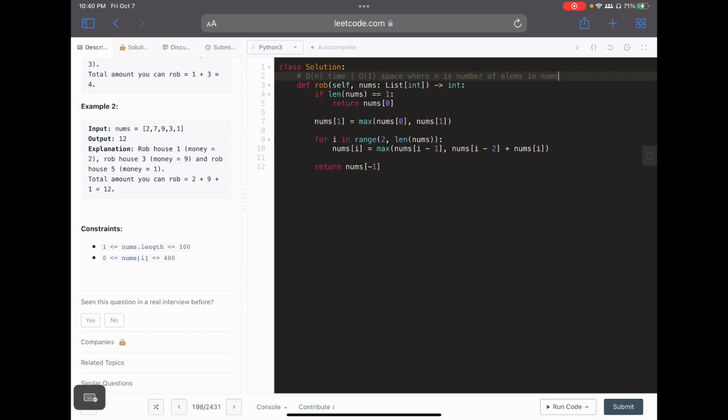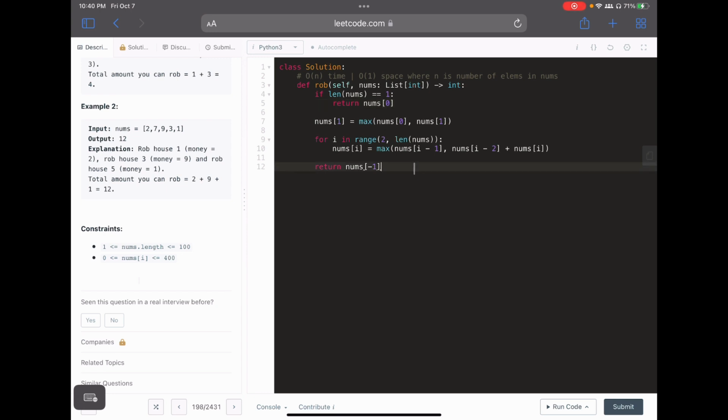Let me explain. Why is it big O of n time and constant space? Because we're only running through nums. Really, we're only looping through it nums minus 2 times, but we drop that non-dominant term, so it's really the length of nums that we iterate. And the reason it's constant space is because we are not creating any auxiliary arrays, and there's no recursion going on here.